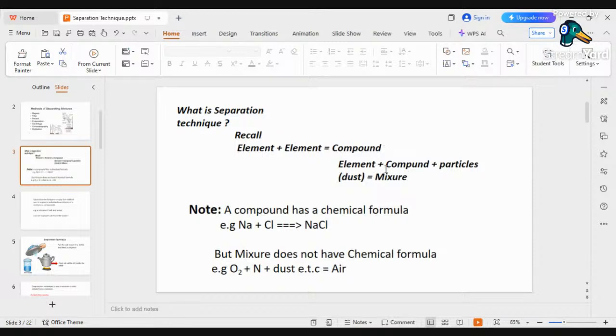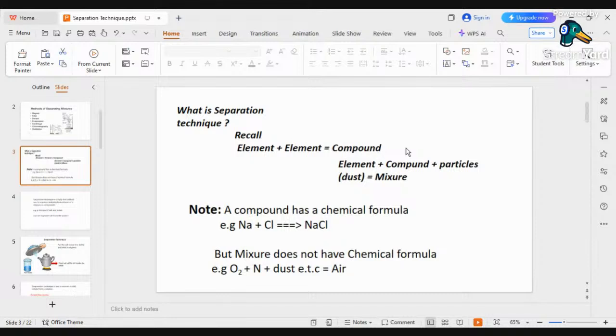And when elements combine with a compound or other particles, it forms a mixture. So what is the difference between a compound and a mixture? Remember, all of them are formed as a result of combinations of elements and other things, right? So I'm saying that a compound has a chemical formula and a mixture does not have a chemical formula.